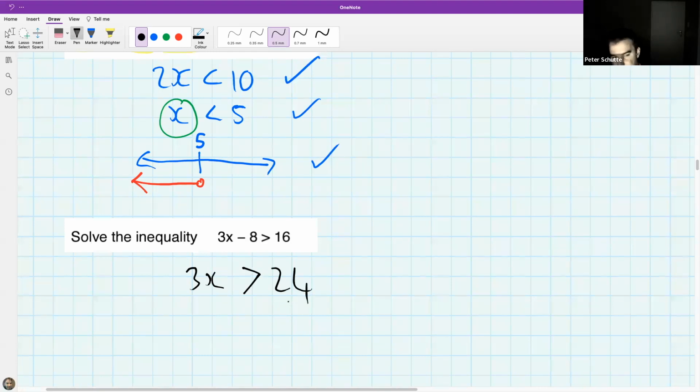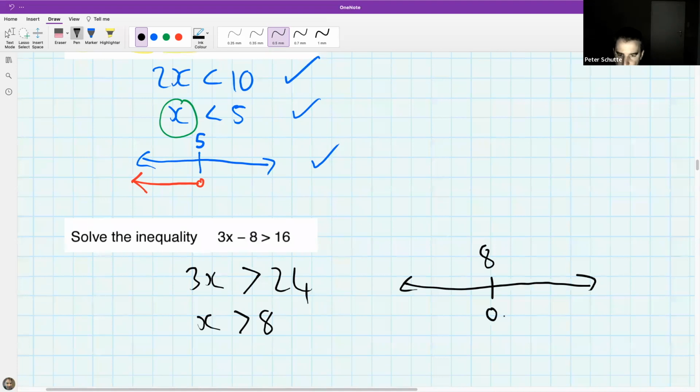Then if I divide both sides by 3, I should get x is greater than 8. Now, how would I show that answer on a number line? Well, I need the 8, and it's going to be all values that are greater than 8. And so it looks like that. Yes, Fatejo, we divided both sides by 2 the same way we would divide both sides by 2 in an equation.